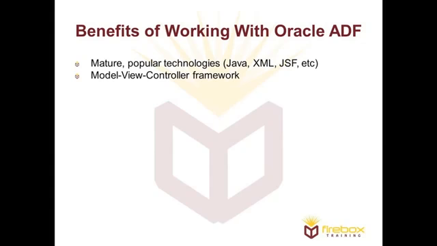The model level of the application is the business logic. The controller is what communicates between the model and the view, so we don't embed any business logic inside of our view layer. Why do we want to implement an MVC architecture? We want to make our application scalable. If I need to change the view for some reason, it's not going to mess up my business logic.